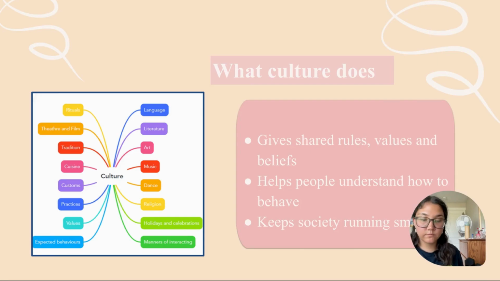Culture plays a huge role in organizing all of this. It gives people shared rules, values, and beliefs that help them understand how to behave. A really important part of that is how culture teaches us about emotions, what we should feel, how we should express those feelings, and when we should control them.